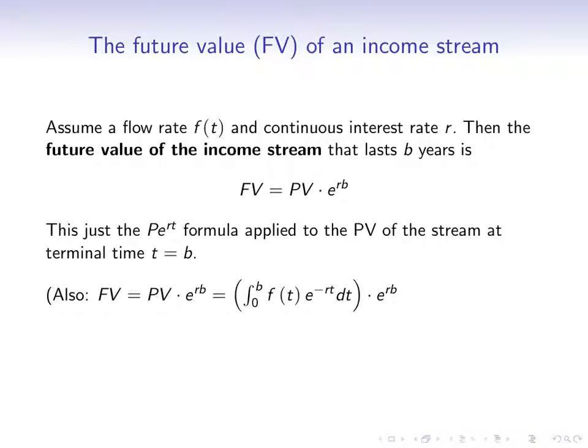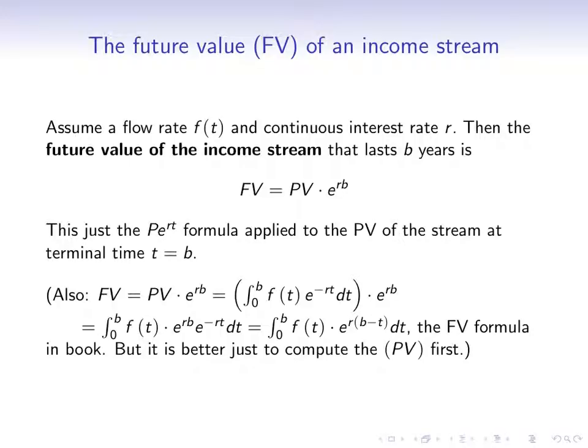To compare this with the book's formula, the future value at time b is equal to the present value times e to the rb, as I just said, and that is the integral from 0 to b of f of t e to the minus rt dt, all times e to the rb. So that e to the rb is a factor which you could write on the inside if you like, but there's no reason to do that, but that is how the book does it.